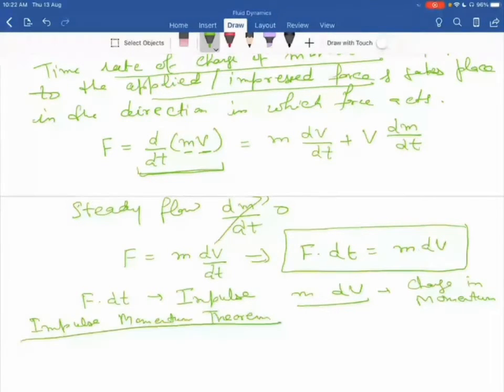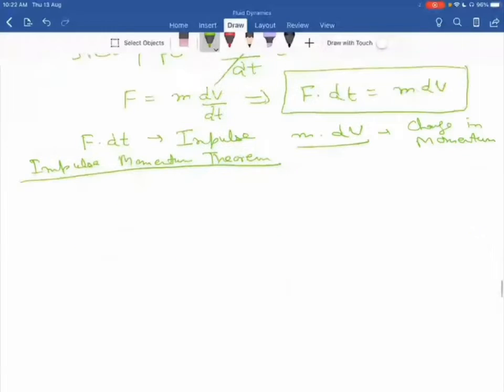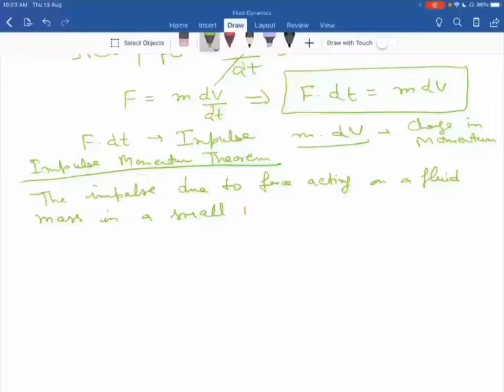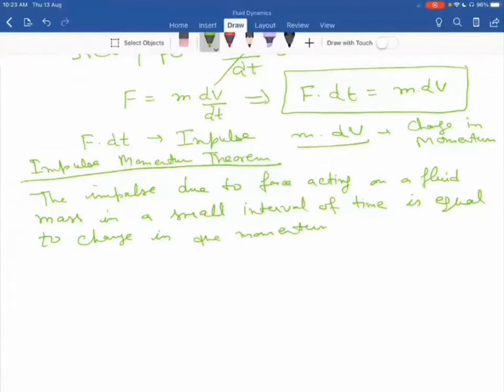Okay. So I write its statement. The impulse due to force acting on a fluid mass in a small interval of time is equal to the change in momentum of the fluid mass.